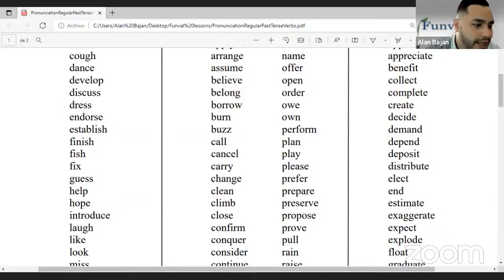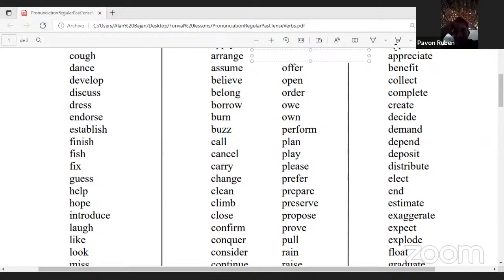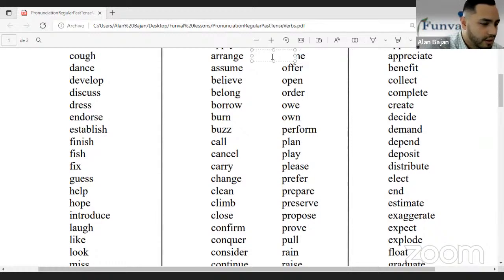Arrange. G. ¿Es el sonido de qué? G. De la G. Arrange, G. No arranged, no. Arranged.